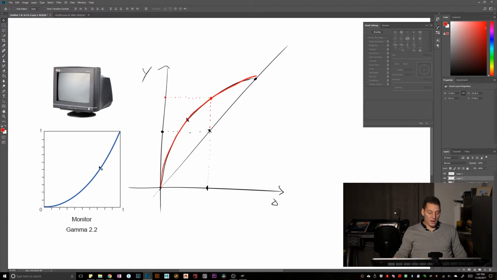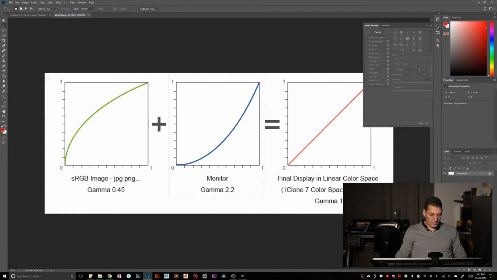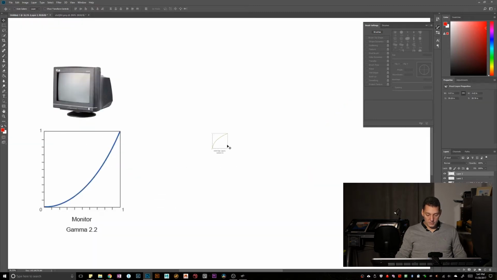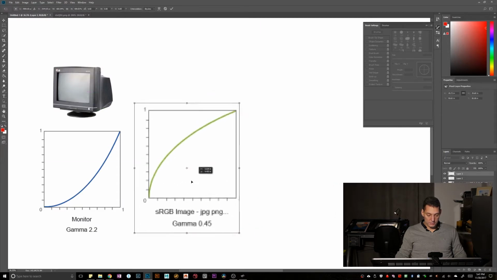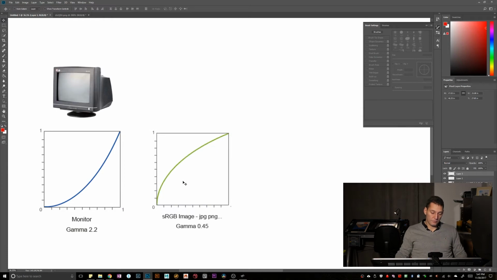And this is why, let me delete this, we need another curve here to counterbalance this problem that this CRT monitor has.